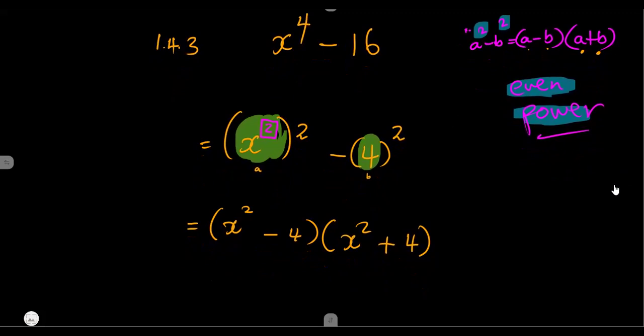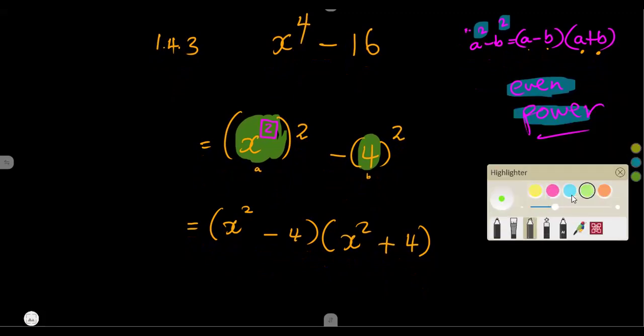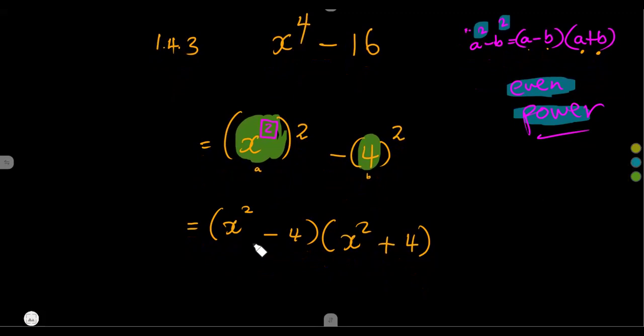So we have x squared minus 4 in the first bracket, where there's a minus, guys. In the second bracket there's a positive, so there's no way you can factorize; there's no sum of 2 squares factorization. There's only a difference.